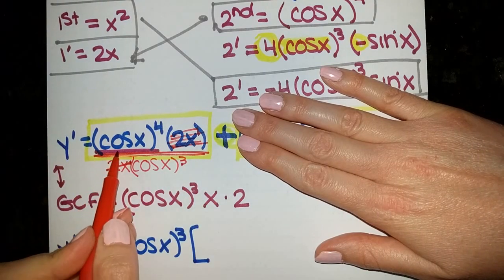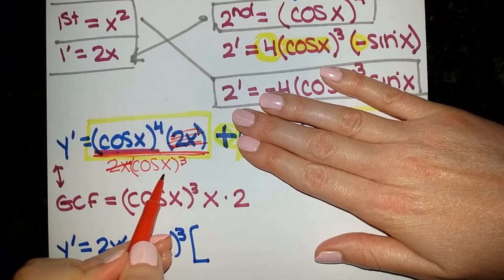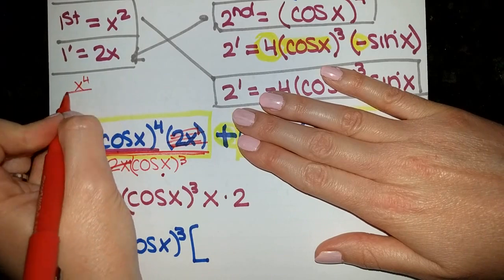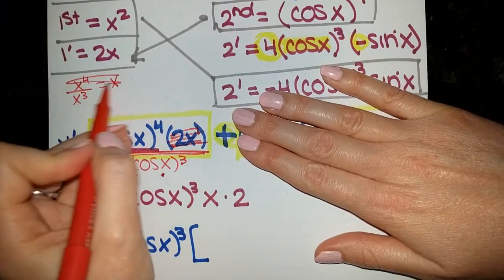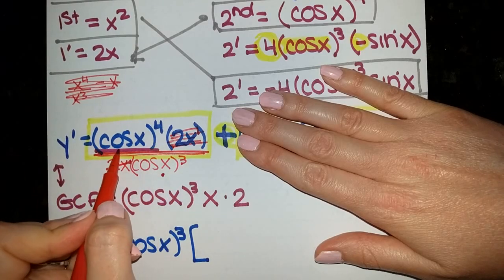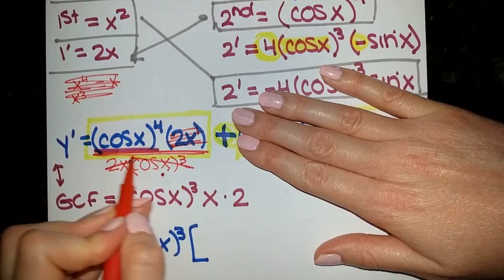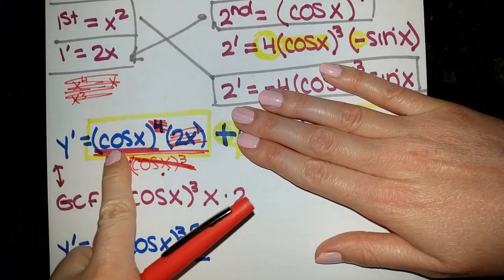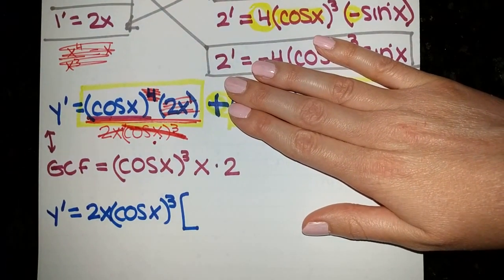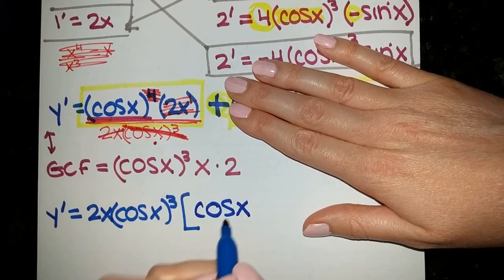And then here you have cosine x to the fourth over cosine x to the third. If you had x to the fourth over x to the third, you would subtract your exponents, you would get x to the first. The same thing is true here. I have cosine x to the fourth over cosine x to the third. Subtracting our exponents, we are just going to be left over with a cosine. So we will have cosine x left over.